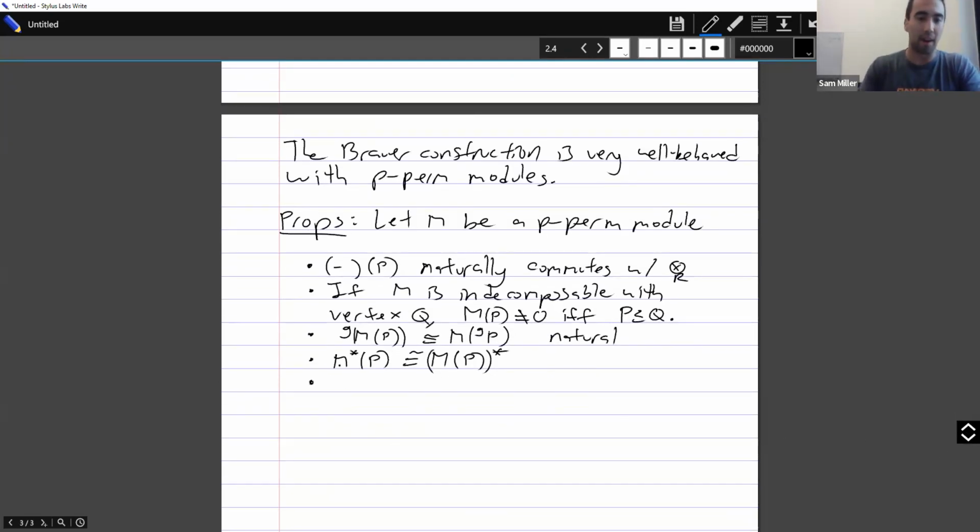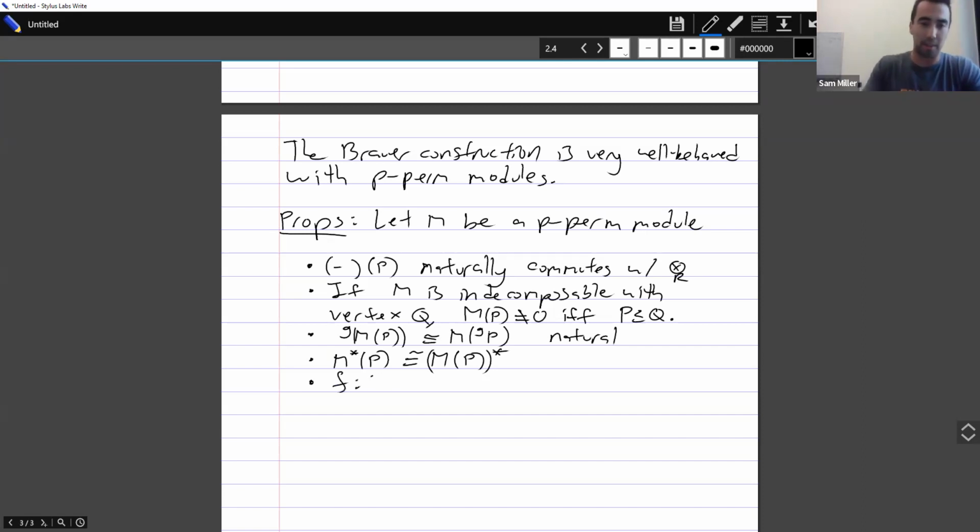And finally, the Brauer construction can be used to essentially detect when things are split surjective or split injective. The idea here is that you can take a look at a map, apply the Brauer construction to it everywhere, and if it remained surjective or injective after applying the Brauer construction everywhere, then in fact your map was split surjective or split injective to begin with.